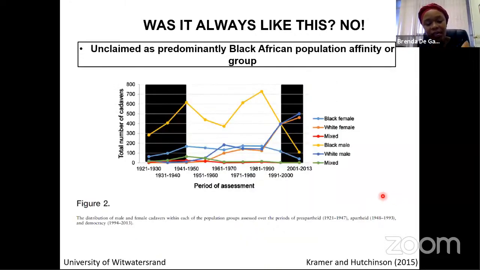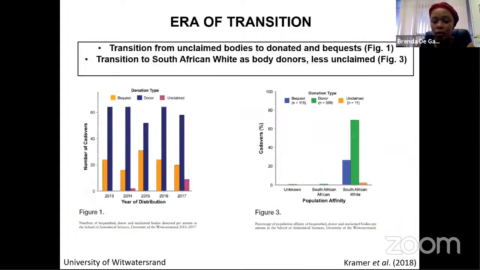And you can also see here that unclaimed are predominantly from the Black African population group or population affinity. And you can see how that occurred in the previous years and how it has then declined. And you see where you have now a different increase, having white males and white females increasing, and these are bequests.